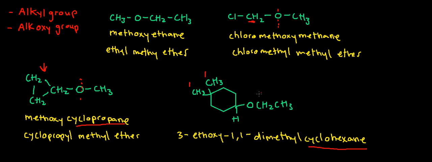So here, in this case, it's going to be ethoxy because there are 1, 2 carbons to it. So this will be 1, 1, 2, 4. Made a mistake there. Okay, let me make sure. 1, 2, 3, 4. Yeah, 4. So this will be 4-ethoxy-1,1-dimethylcyclohexane.